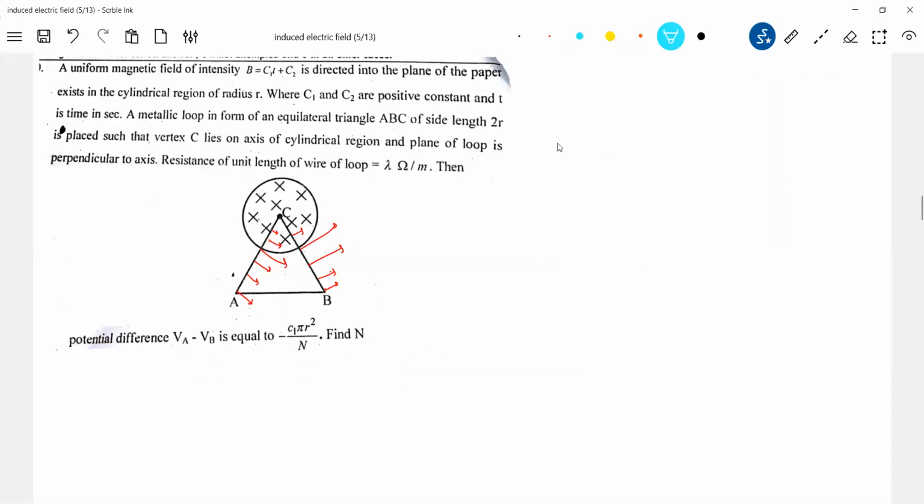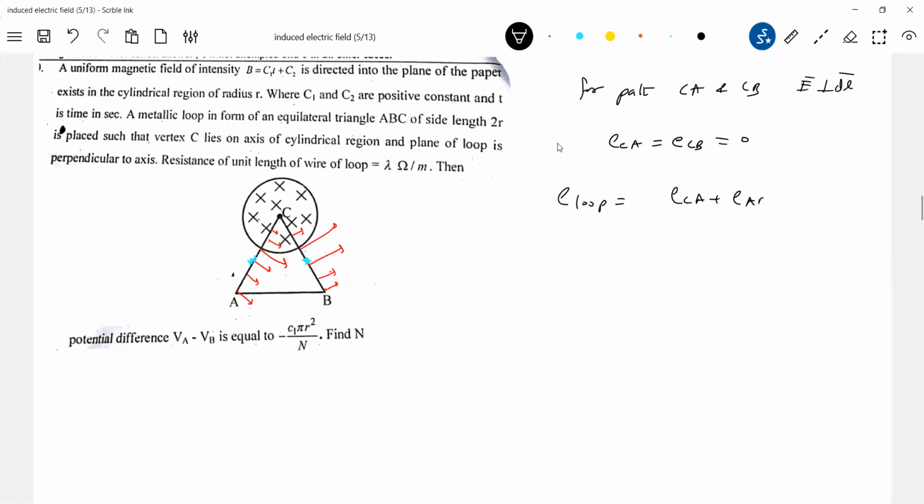Here everywhere, this is dL. So directly from looking at it, for path CA and CB, E bar is perpendicular to dL. Therefore E_CA equals E_CB. The same story here. Then what is the total EMF induced in the loop? It is equal to E_CA plus E_AB plus E_CB. These two are zero.